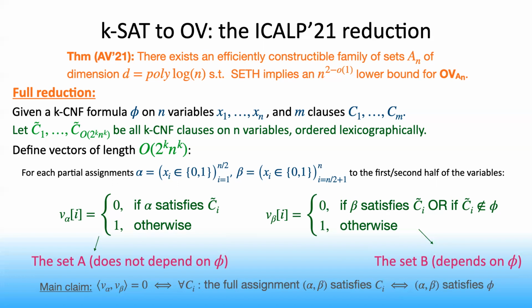The point now is that for the clauses that are in phi, the same argument goes through in exactly the same way. But the coordinates that correspond to clauses that are not actually in phi don't affect anything at all because they are always 0 in the set B. So the same proof goes through. And that's it. That's the new reduction.